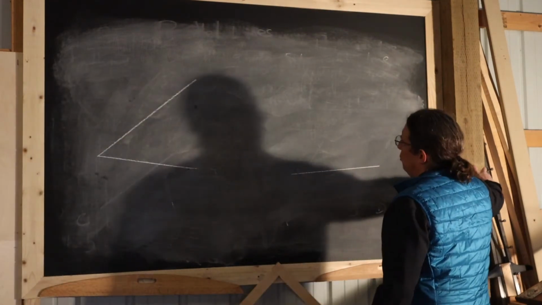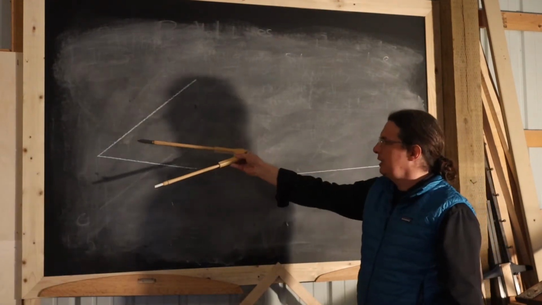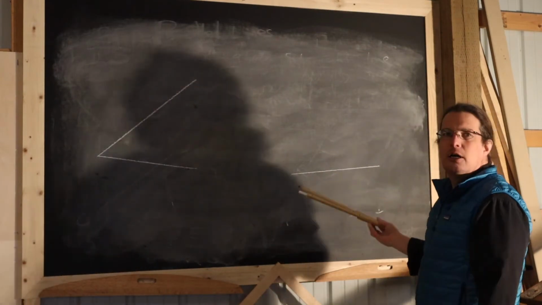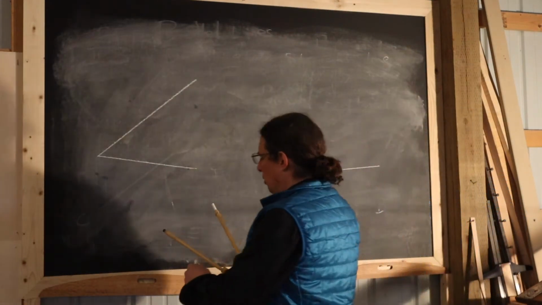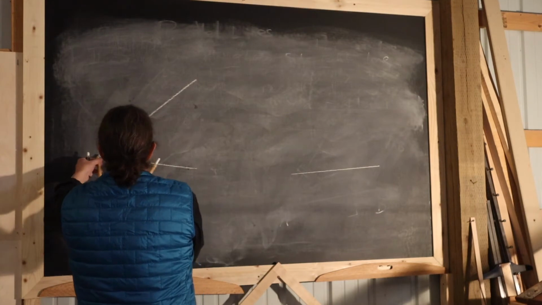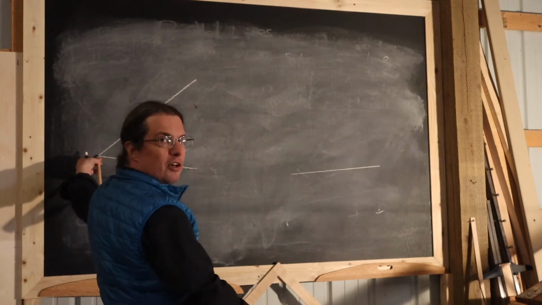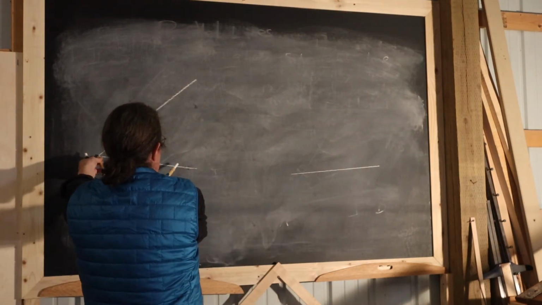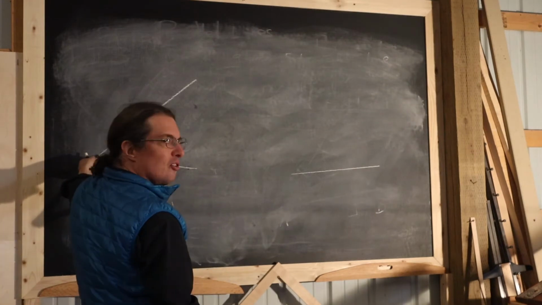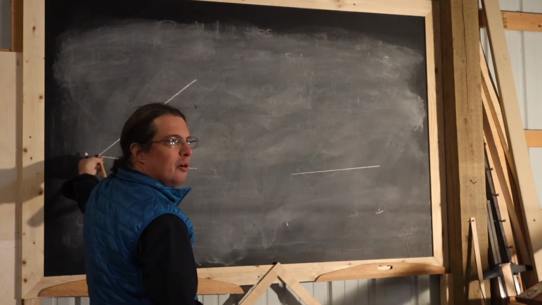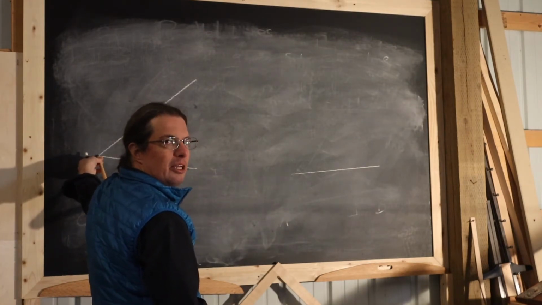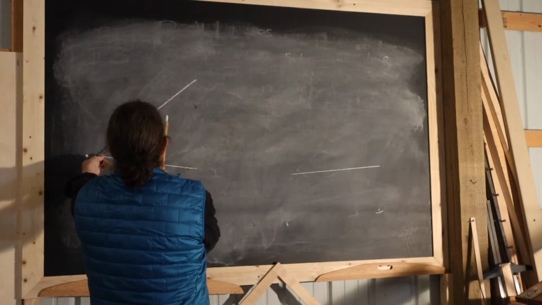So just to go through the critical steps, if I want to copy this angle onto this line, all I've got to do is set my compass point at the vertex of the angle, tip somewhere on one of the legs that's not so far apart that it's still going to have to be able to intersect with both legs.